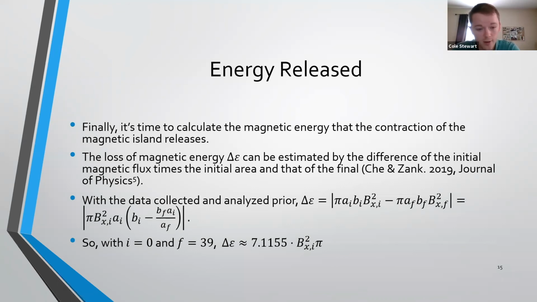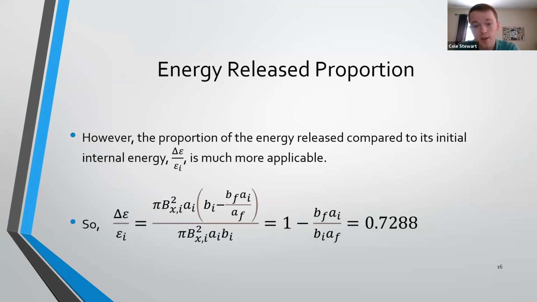So with i corresponding to the first interval and f corresponding to the final interval, delta E is approximately 7.12 times the square of the magnetic field times pi. However, the proportion of the energy released compared to its initial internal energy, which is delta E over E sub i, is much more applicable, as it is not dependent on the initial magnetic field.